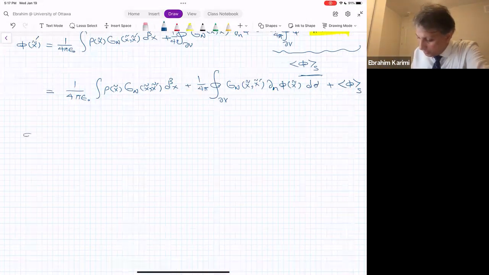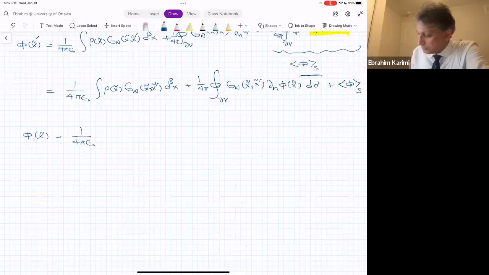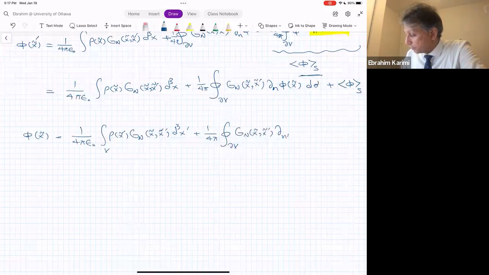So it will be phi of x equals 1 divided by 4 pi epsilon naught integral of rho of x prime gn of x and x prime d3 x prime plus 1 divided by 4 pi integral on the surface of gn of x and x prime, derivative with respect to n prime of phi of x prime d2 x prime plus a constant.